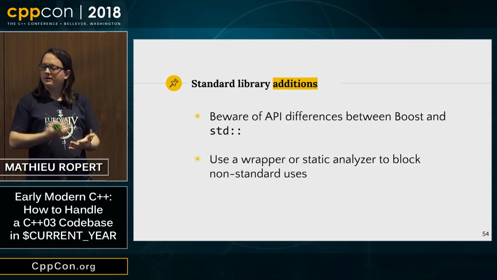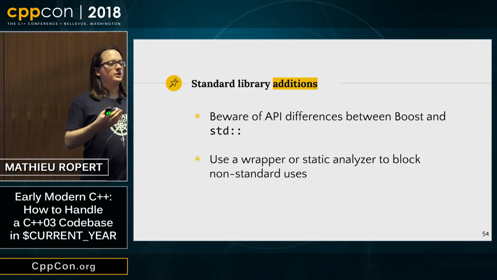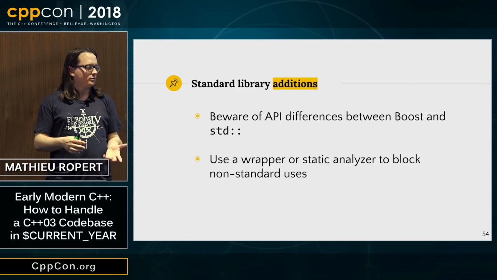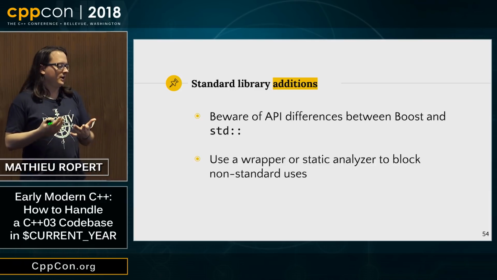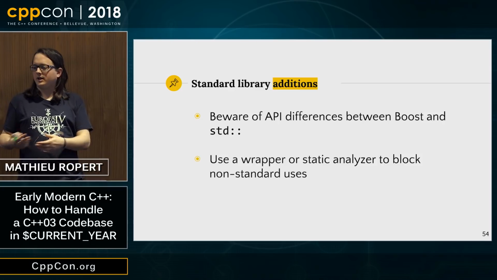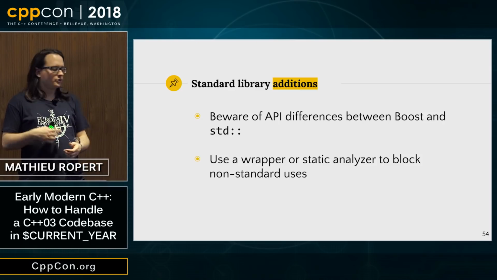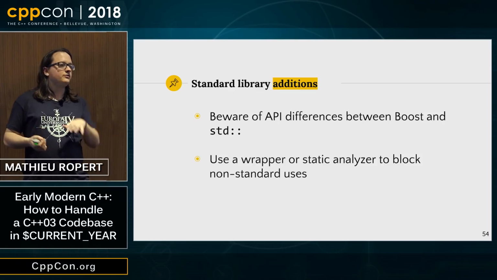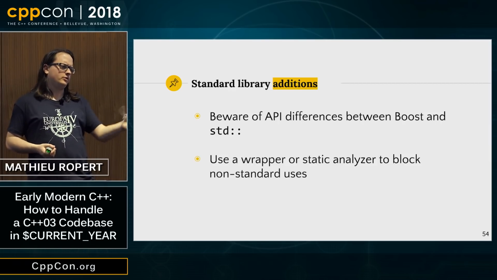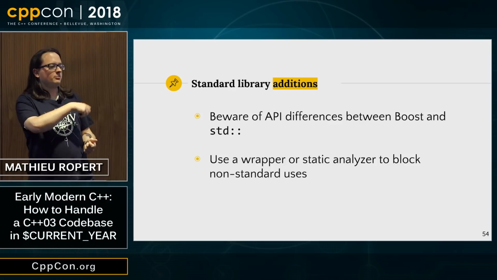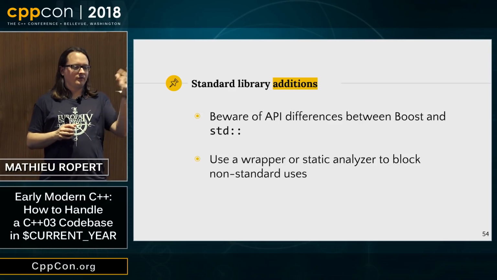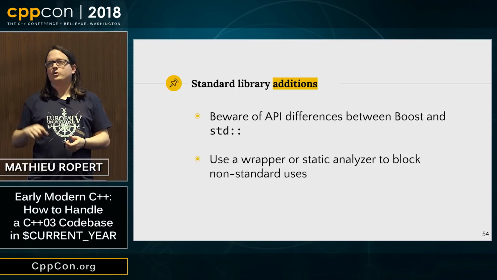So what I would recommend you, if you want to make sure it doesn't start spreading non-standard use in your code, put a static analyzer to block usages of that code, or if you can't, you can use a wrapper. Or, if you have a copy of Boost, I wouldn't recommend that, that would not be my first recommendation, but you can also maybe simply remove some of the stuff that you don't want, or mark it with some kind of, I don't know, you don't have attributes.